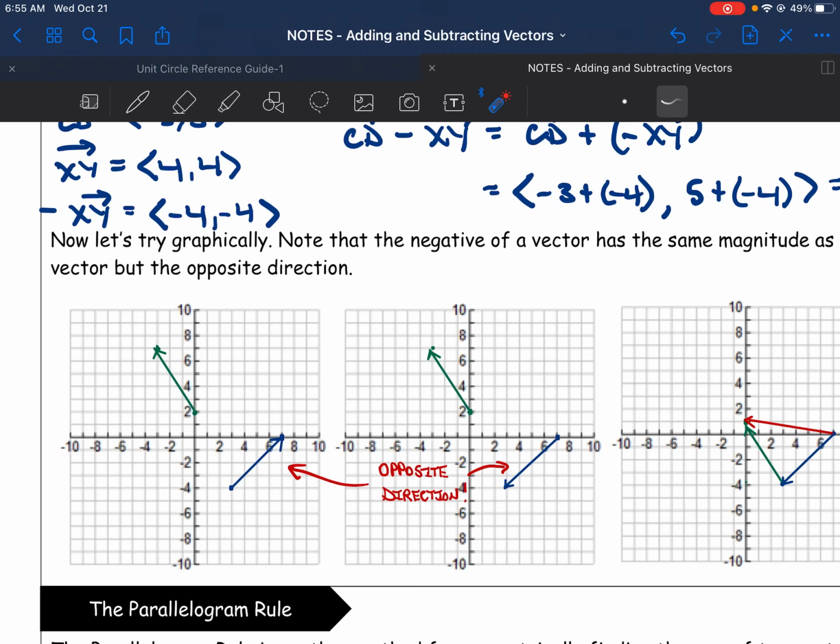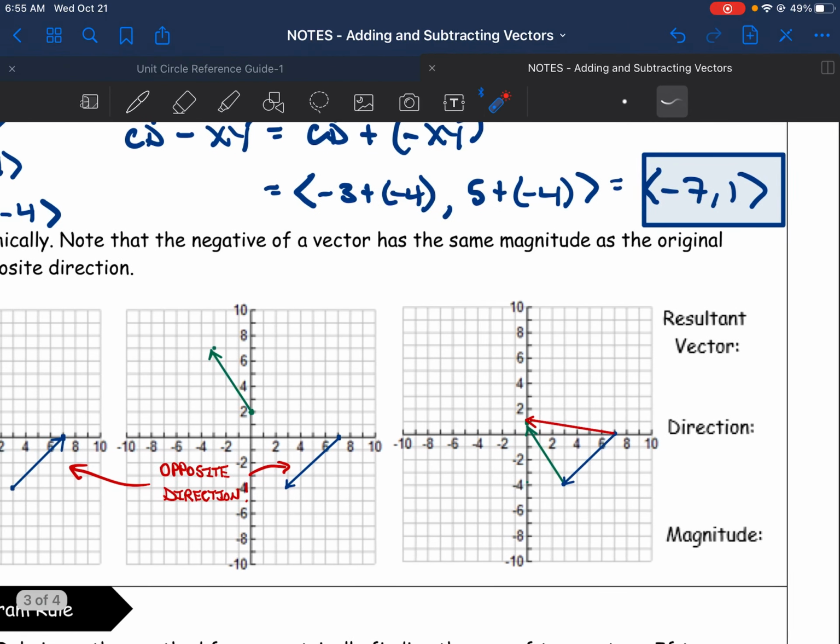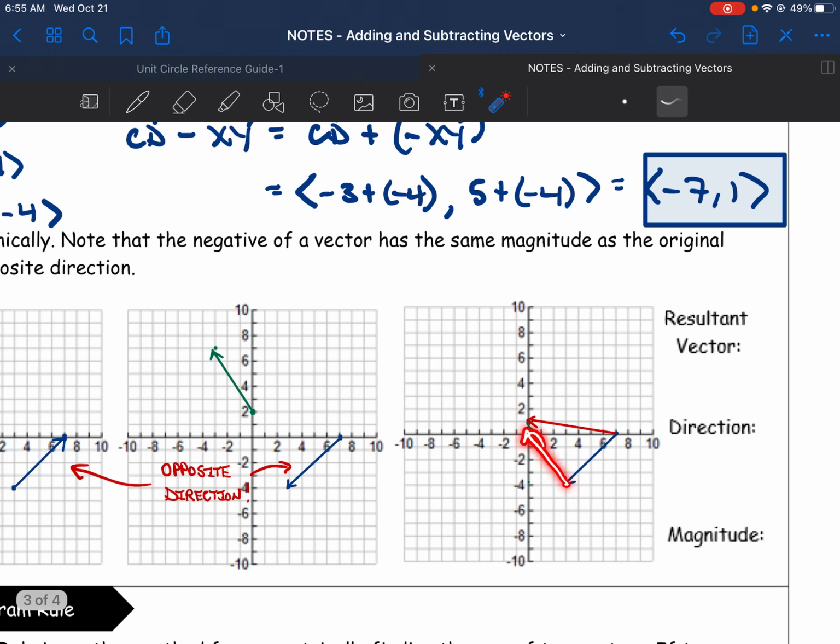And now we're going to do the same exact thing as we did previously. We're going to take this vector, I'm going to bring the tail of the vector to the head of this vector, which you can see right here in this example. Go ahead and move that vector down, and the resultant vector is going to be from the tail of one vector to the head of the other.